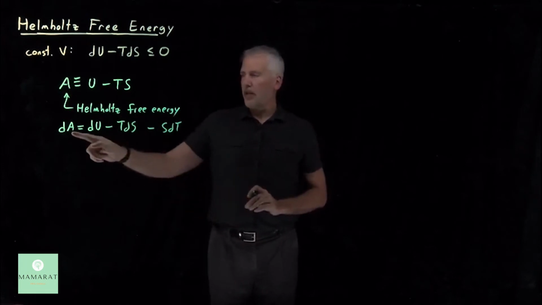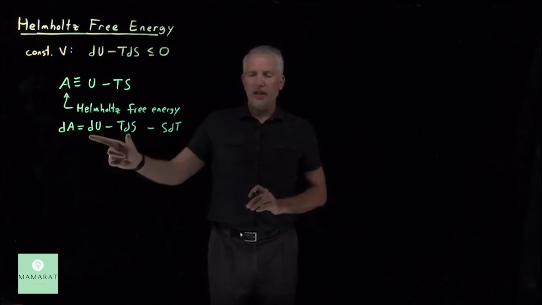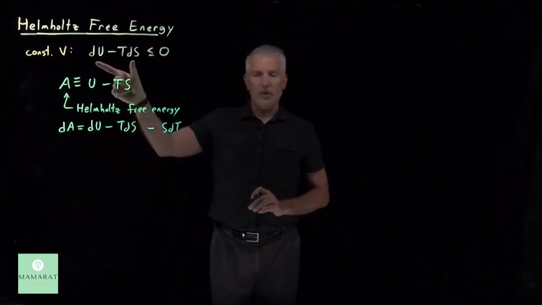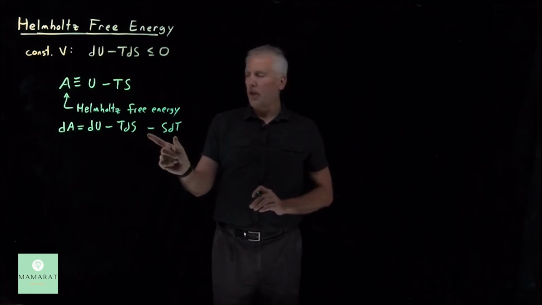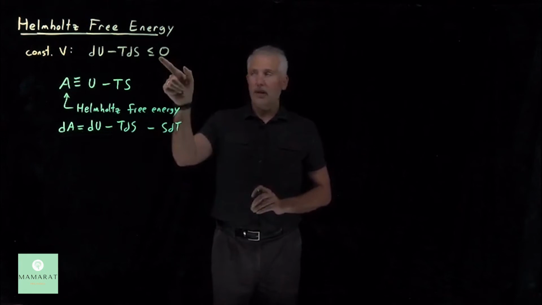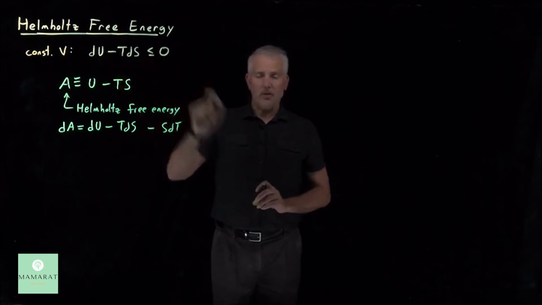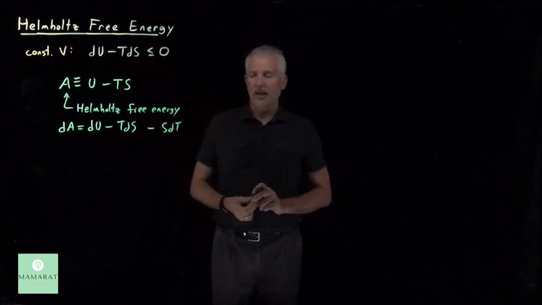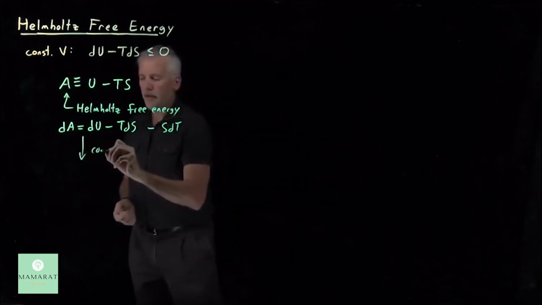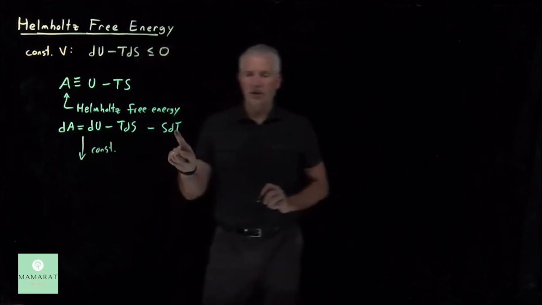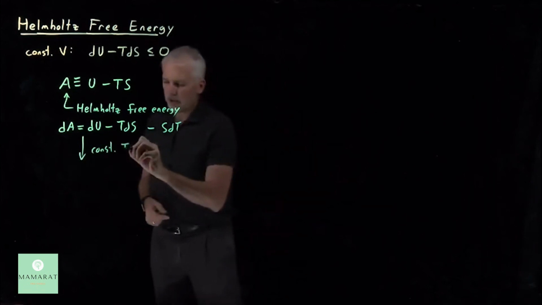So here's what I meant. This quantity, dA, is not exactly equal to dU minus T dS, the quantity we're interested in. It has this extra term in it, S dT. So in order to make this quantity look exactly like the combination of things that predicts whether a process is spontaneous or not at constant volume, we have to do one more thing. In order to get rid of this last term, I have to say, let's also do this at constant temperature.